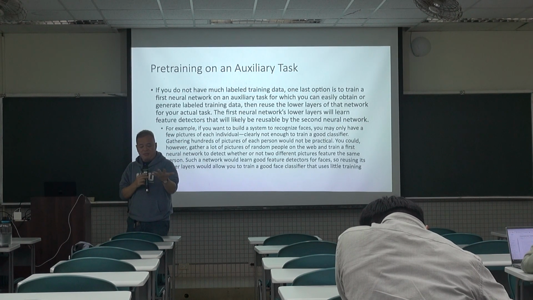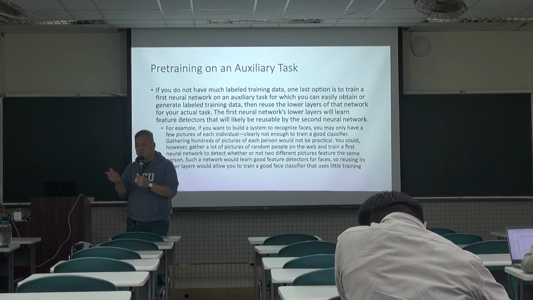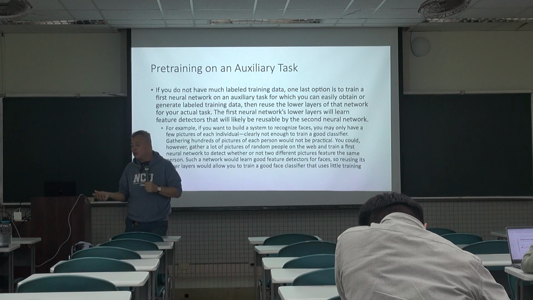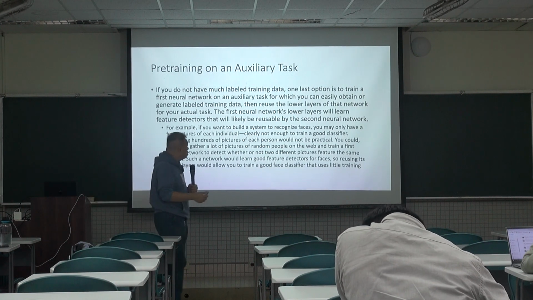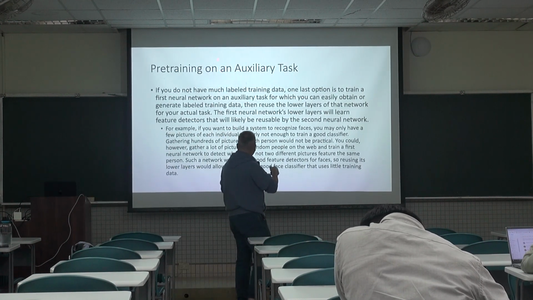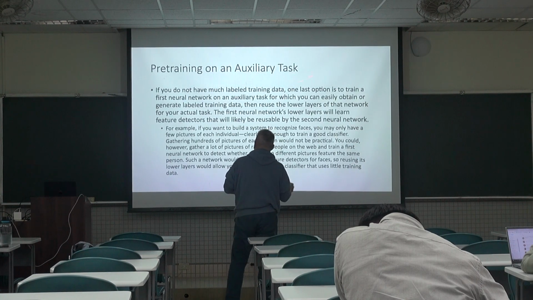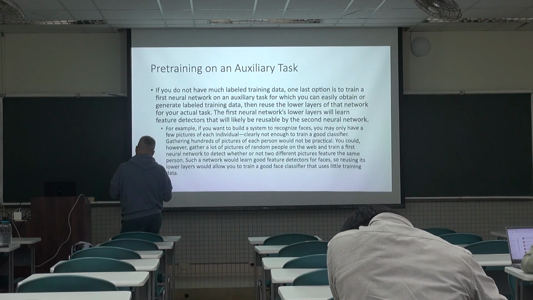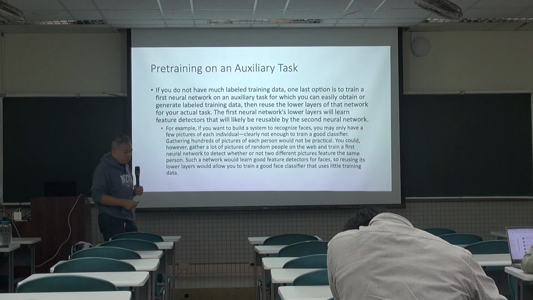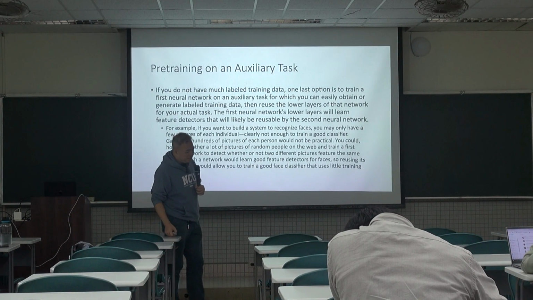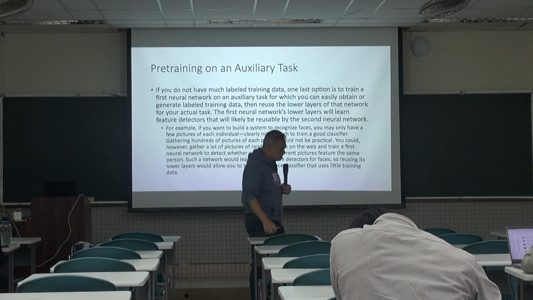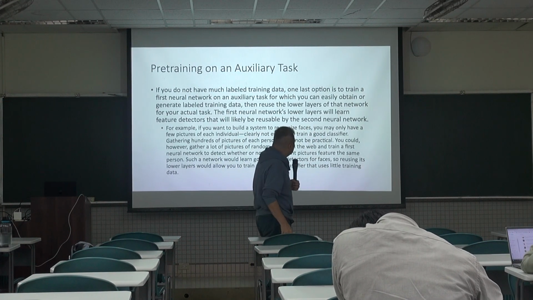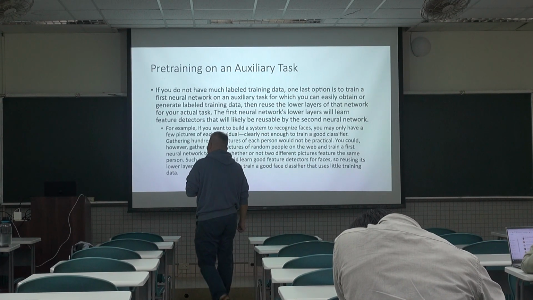You just compare it with the employees' photos and see if they match or not. So this is one example of pre-training on an auxiliary task, which is very easy to apply to solve the face recognition system issue that the company wants to build.